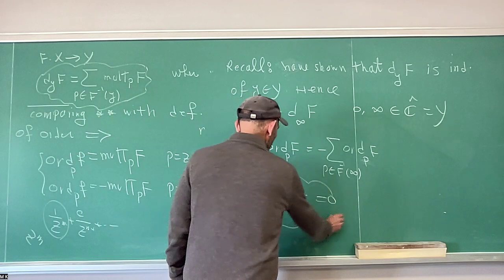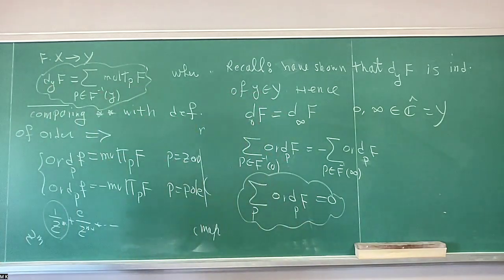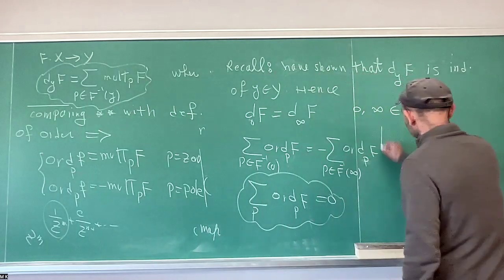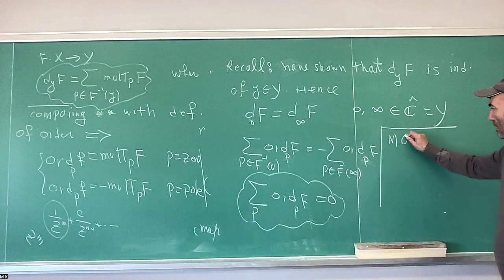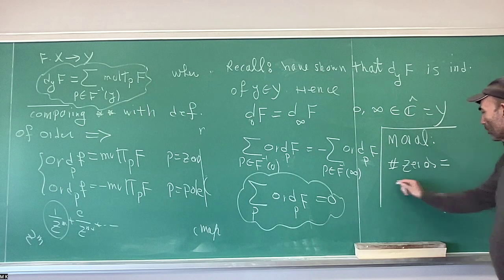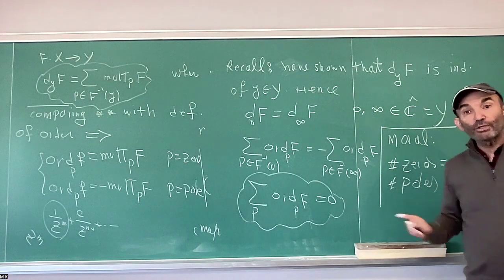So basically what this result says is that the number of zeros of a holomorphic function is equal to the number of poles, counting multiplicities. Maybe a good way to remember this: the moral of the story is that the number of zeros is equal to the number of poles. Of course, counting multiplicities.